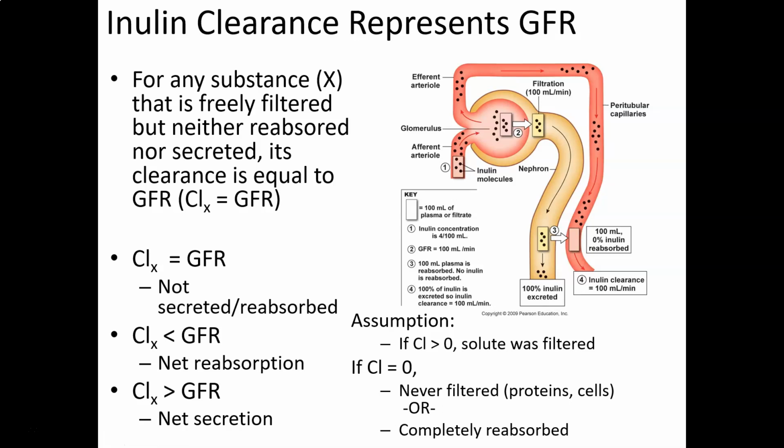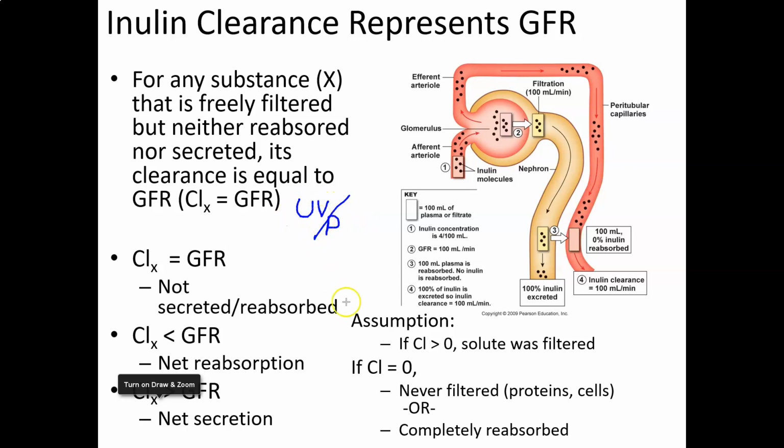The reason why is, if you look at the clearance of proteins, clearance equals UV divided by P. So how much protein should be in the urine? Well, none, because it shouldn't be in the ultrafiltrate. So if this number is 0, it doesn't matter what V and P are, it's going to be 0.